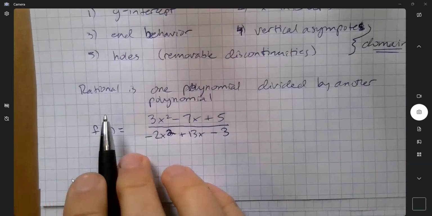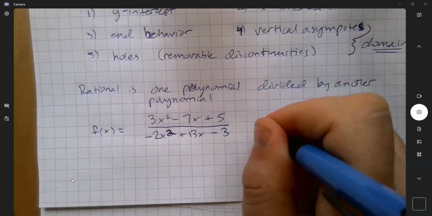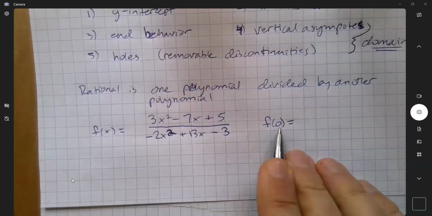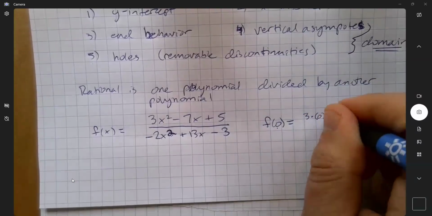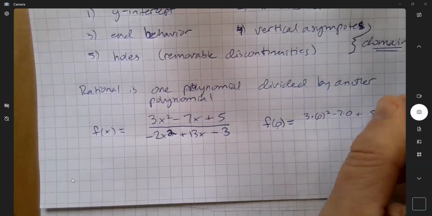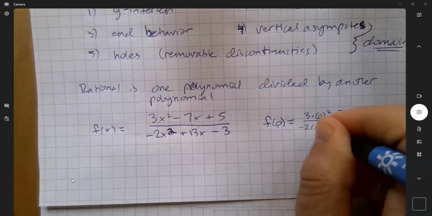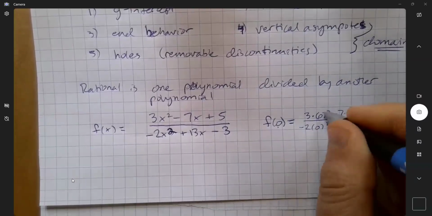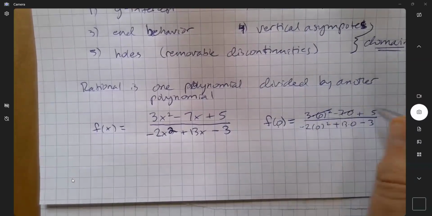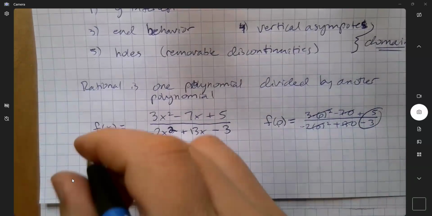When you have a rational function in standard form, it's very easy to find the y-intercept because that's when x is 0. And if x is 0, everything drops out except the constant on the top and the constant on the bottom. 0 squared is 0. 7 times 0 is 0. 13 times 0 is 0, and you're just left with the 5 over negative 3.